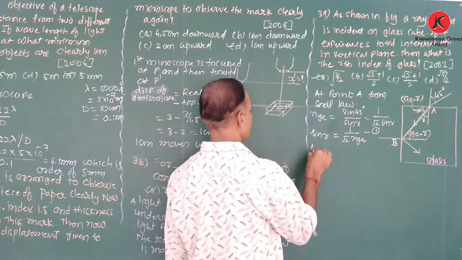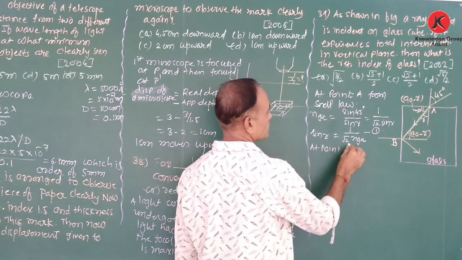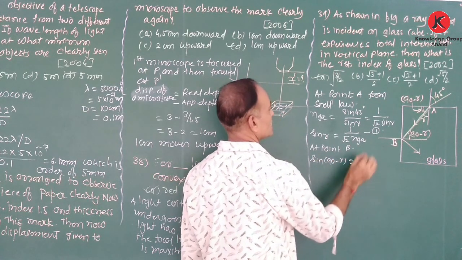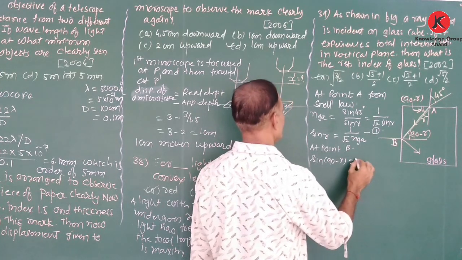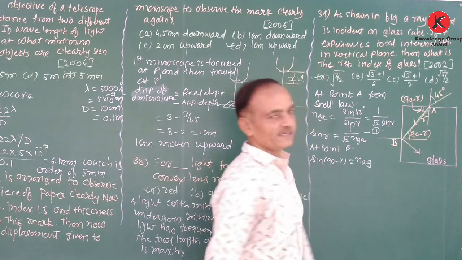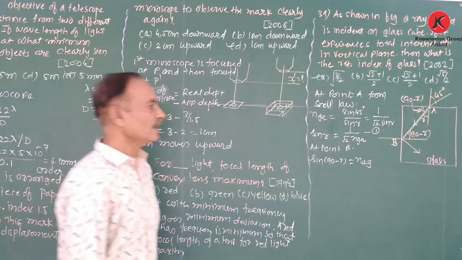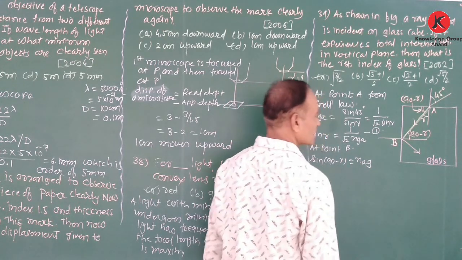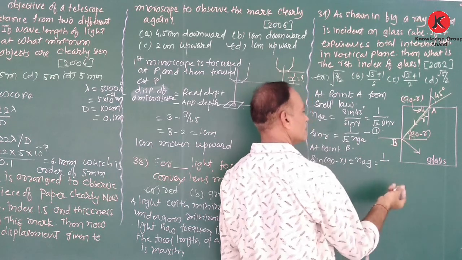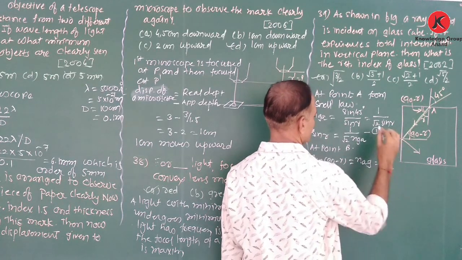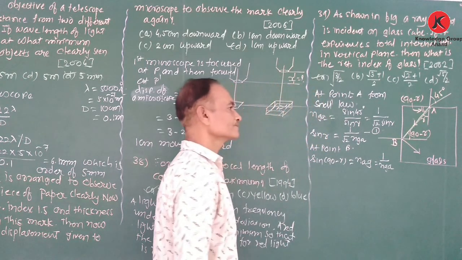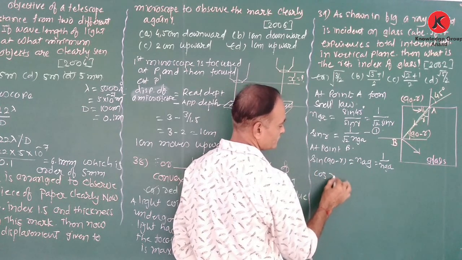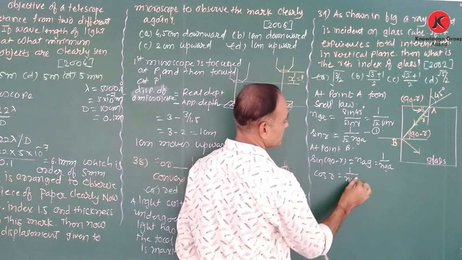For point B, in the same way, sin of 90 minus r is equal to NAG, the refractive index of the medium with respect to the glass, which is equal to 1 upon NGA. And sin of 90 minus r is cos r, which is equal to 1 upon NGA.